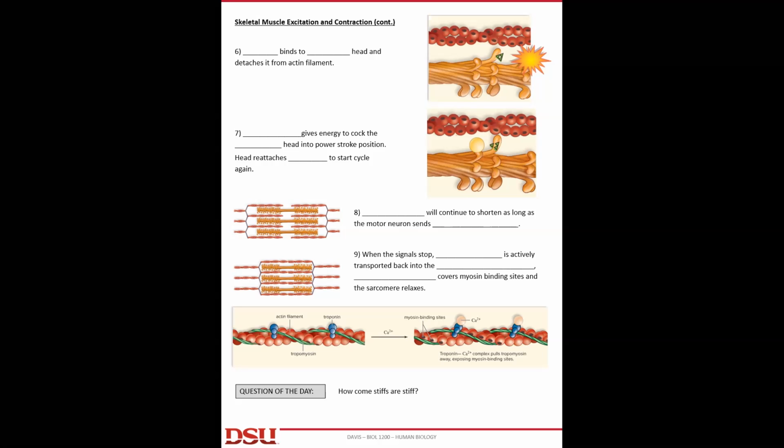That is why stiffs are stiff. There's no ATP to make the myosin head and the actin filament detach from each other to stop the muscle contraction. So it simply stays like that in the body until eventually the calcium and such starts to break down on its own. Okay?